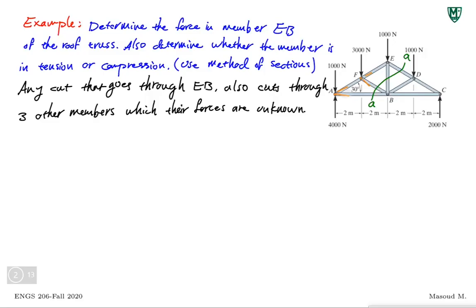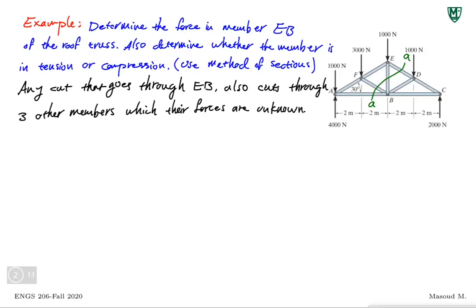So if you just go one by one, you should be able to find the force in member EB using method of joints. Starting here, you might not be able to find this one, but it doesn't really matter because you can still go this way. I have to check that, but I think that works.